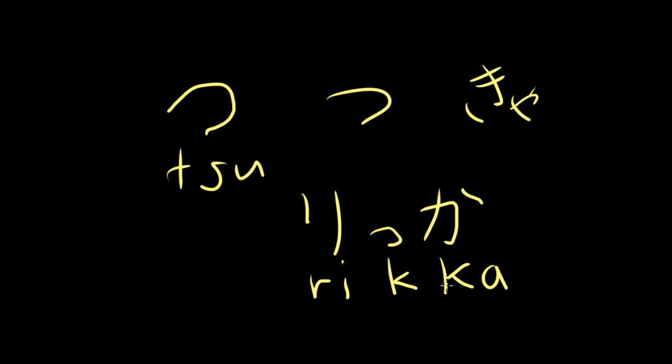So ordinarily, if I wrote that, it would be pronounced rika. But when it's got a small tsu in the middle, it's pronounced rikka. So you're adding kind of an extra space. So rikka, rika, rikka.